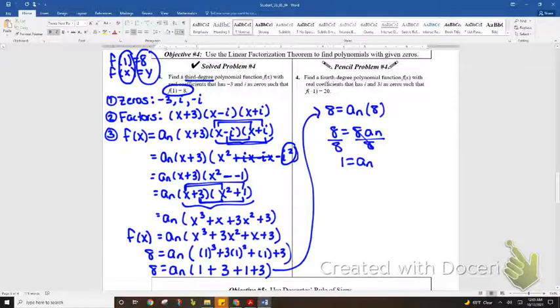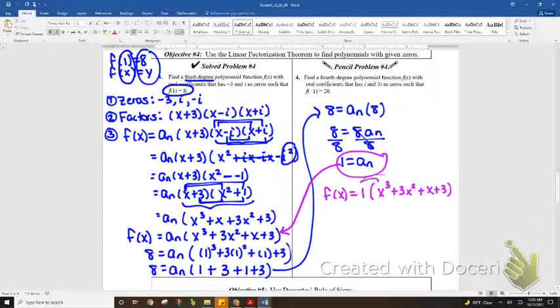Now once you get here, you're going to take this answer and you're going to go back to the polynomial form, which is right before you started plugging in the 8. Okay, so it's right here. And you're going to plug that a sub n there. So you have f of x equals a sub n is 1 times the x cubed plus 3x squared plus x plus 3.